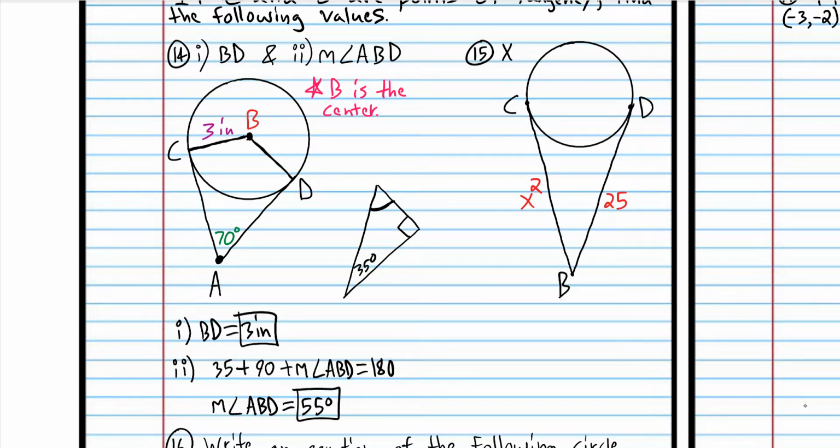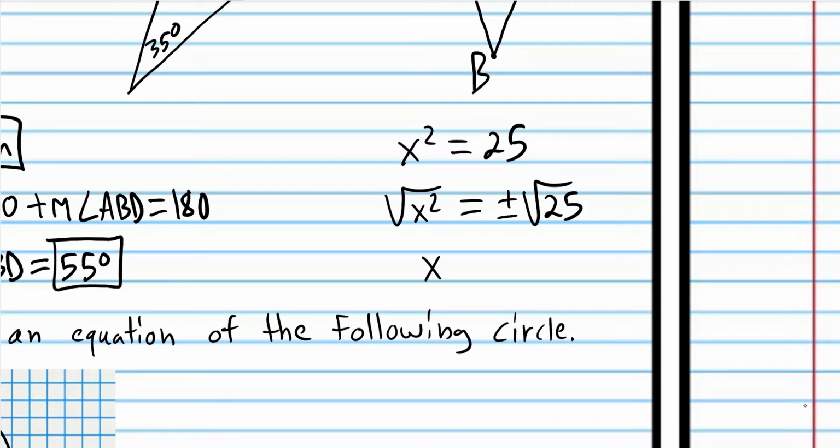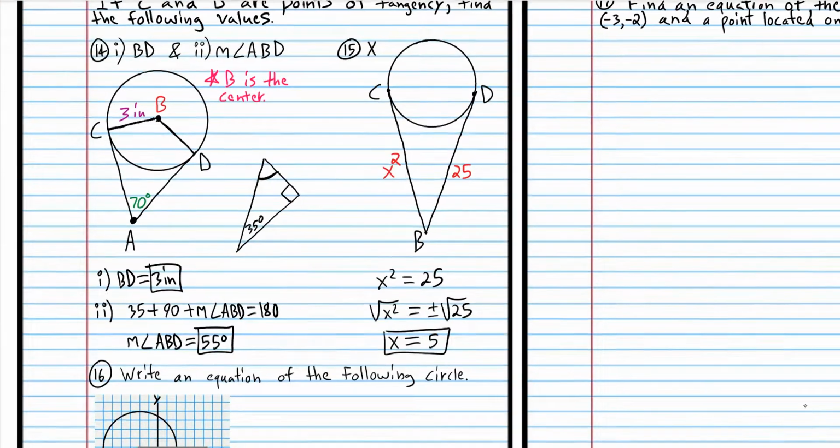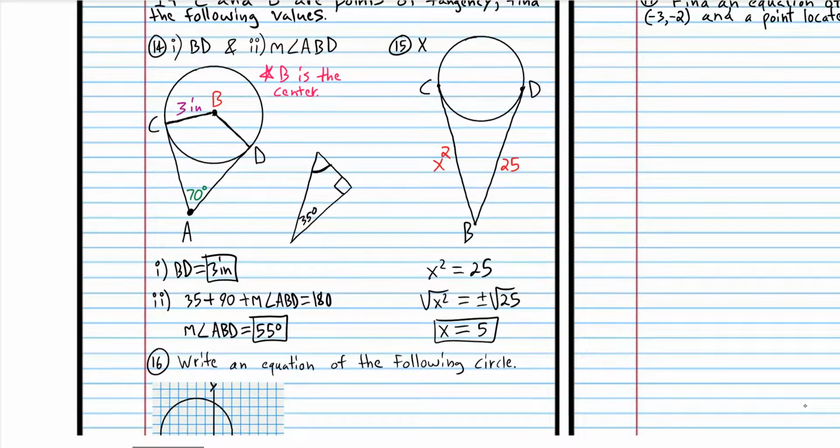The segments must be congruent, so that means that x squared must be equal to 25. And we can find x by square rooting both sides. And remember, there's no such thing as a negative length, so we can just say that x is equal to 5. So if you got that one right, good job.